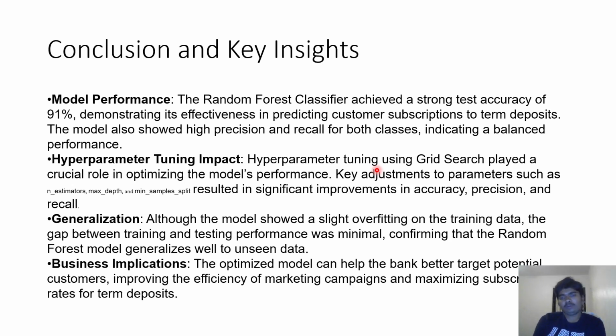While concluding about this project, it performed very well, with an accuracy of 91%. As I said before, these are the things I used for the grid search. Although there may be some overfitting, because 80% of the data is used for training, it still performed very well. So I can say that this model is a perfect fit.